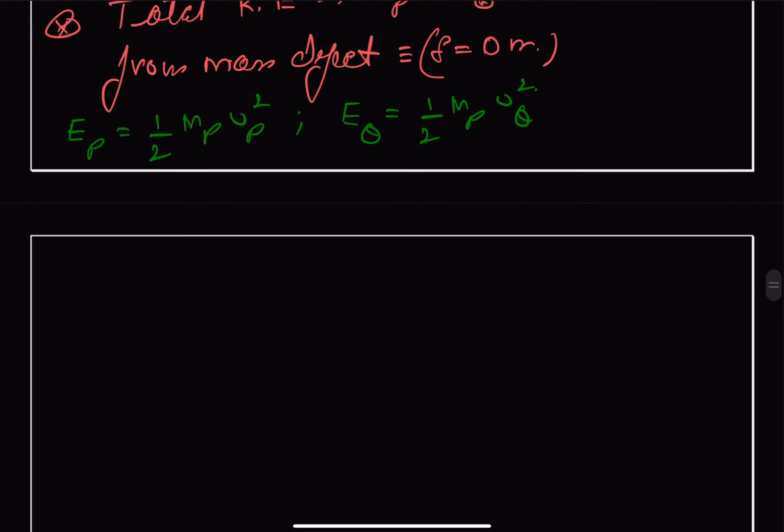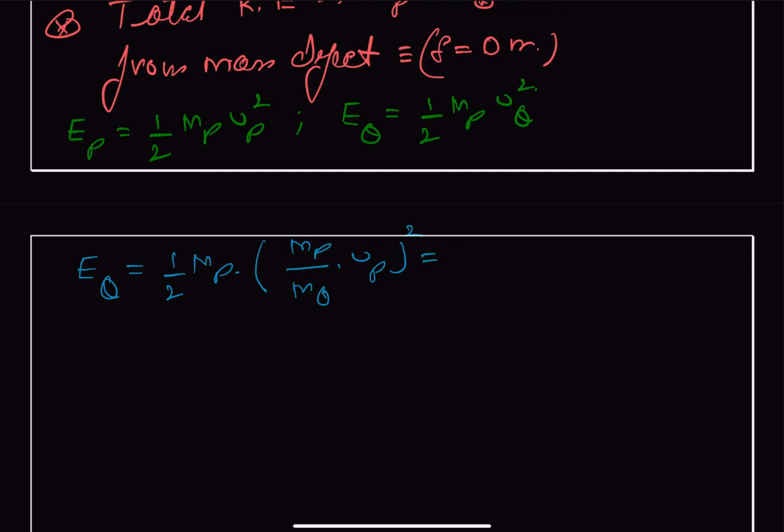Therefore, EQ will be equal to half mass of Q, and VQ we can write as mass of P upon mass of Q multiplied by velocity of P, and its whole square.